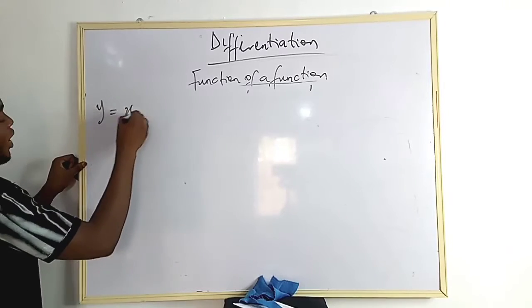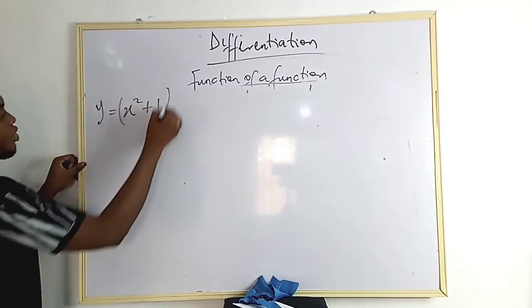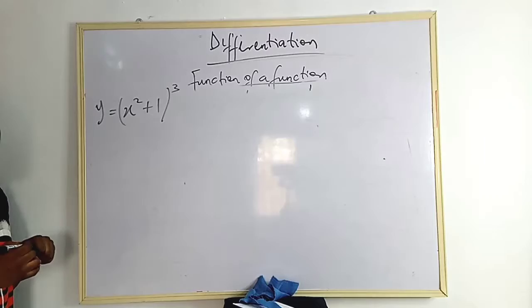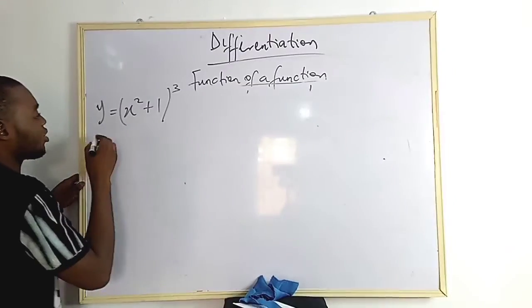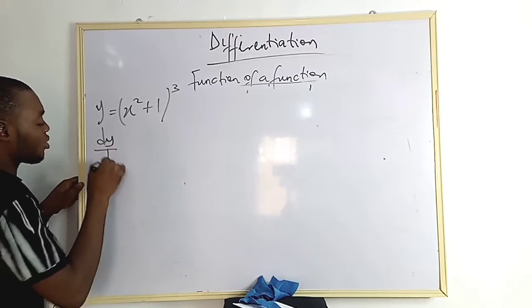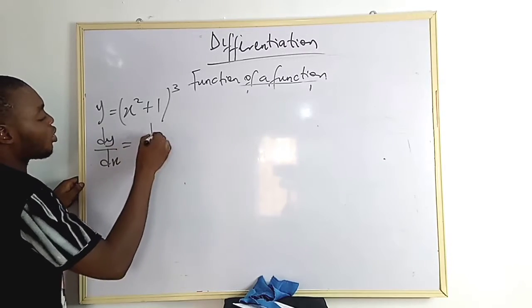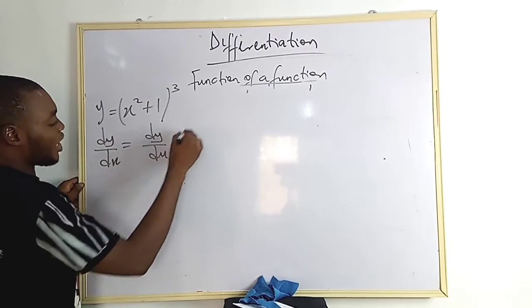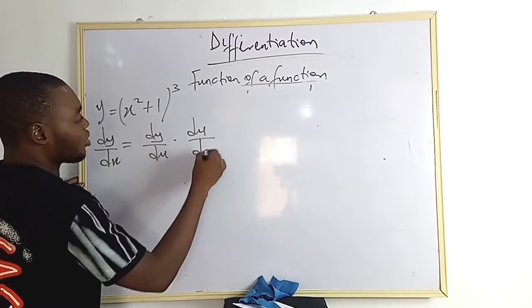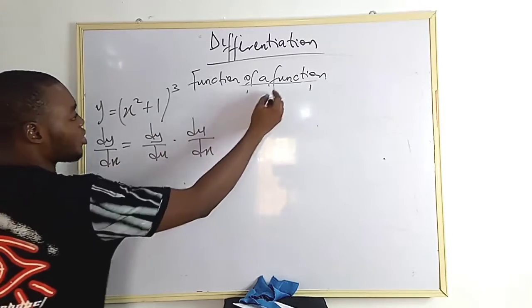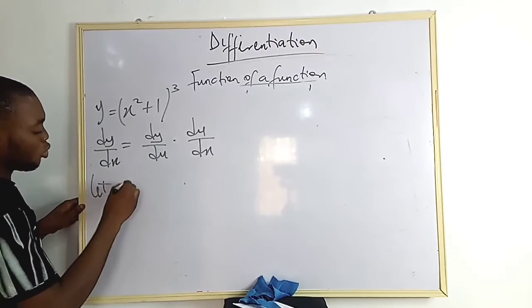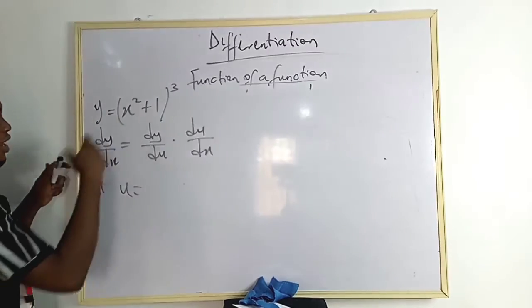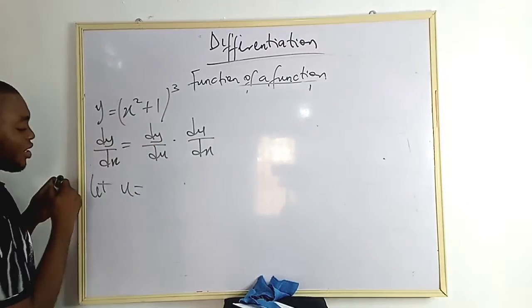Let's solve the second example: y equals (x squared plus 1), everything raised to power 3. Remember, function of a function says dy/dx equals dy/du times du/dx. From the equation, we let u be equal to x squared plus 1, what we have inside here.